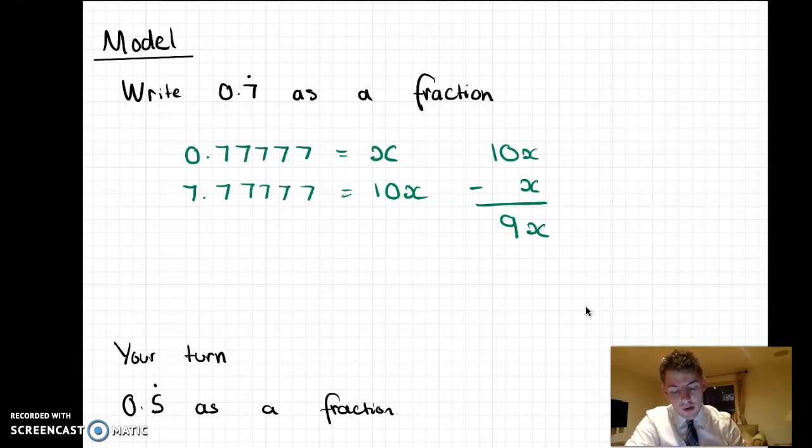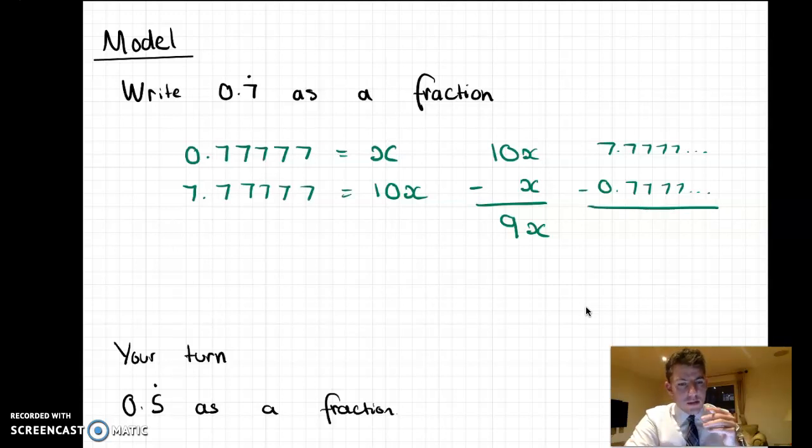What else can we spot? Well, we know that 10x is 7.7777, it goes on forever. We know that x is 0.7777, goes on forever. Well, what happens when we take them away? Well, 7.777 forever and ever takes away, they cancel out, don't they?